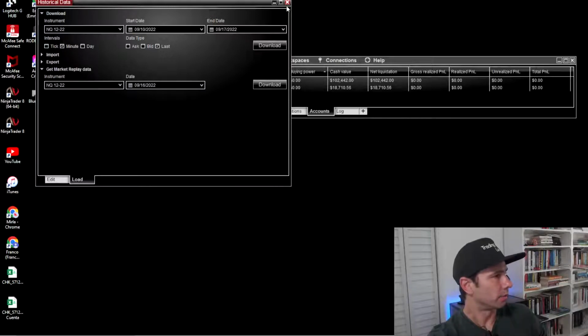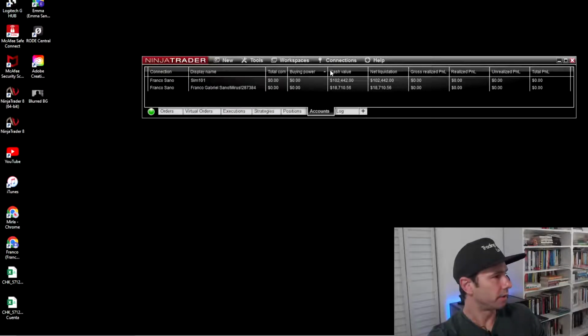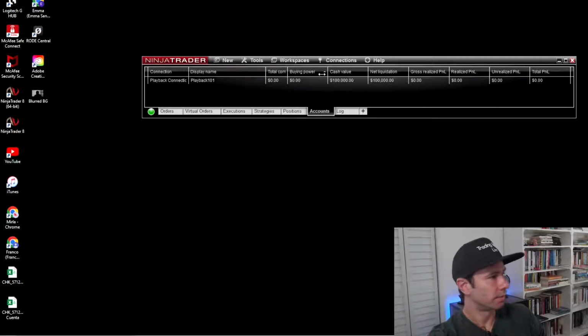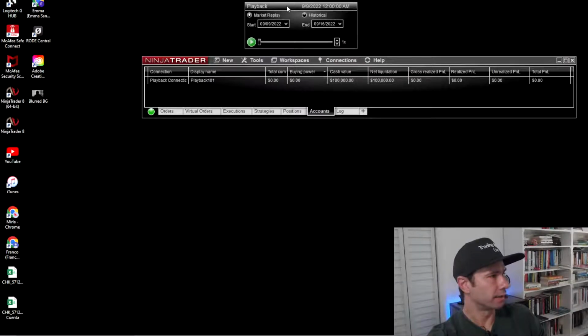All right, so we can get rid of this screen, and we can shut our connection, and we can connect right now the playback connection, right? So this is the playback mode for NinjaTrader, and you will have a little window like this that shows up after you connect the playback mode.